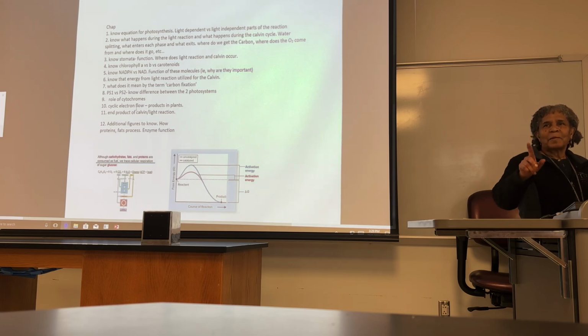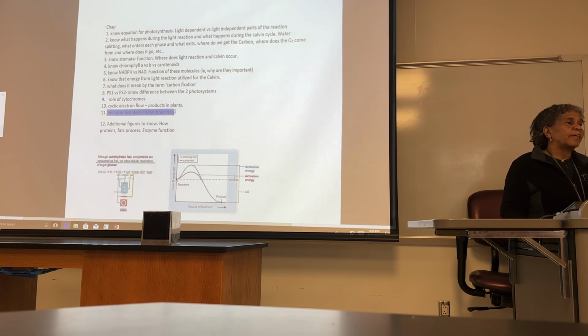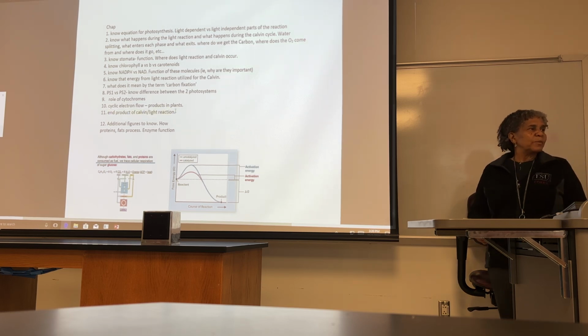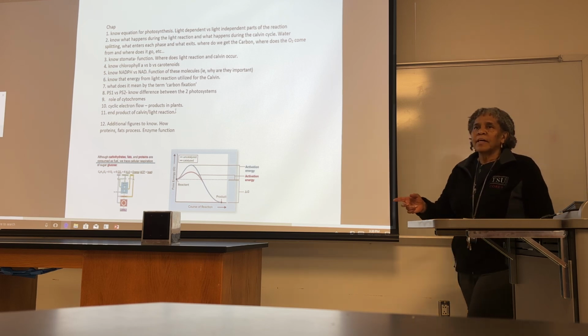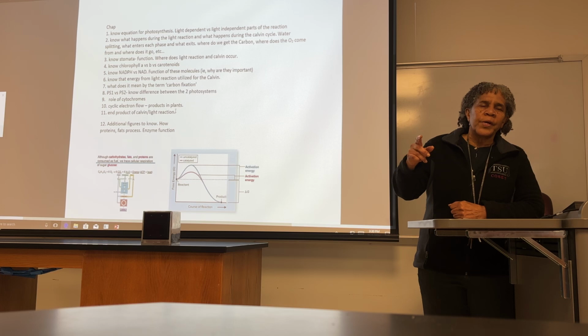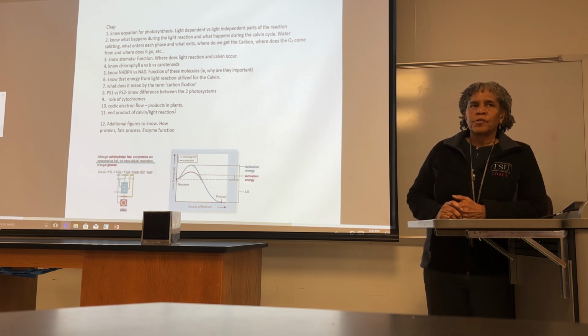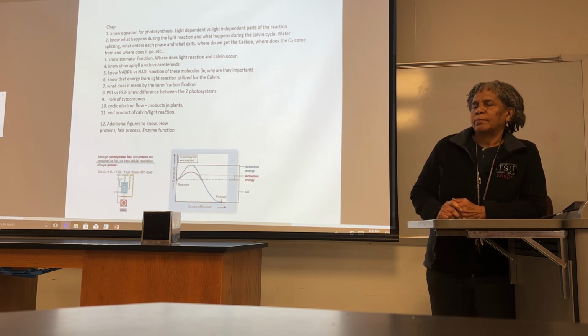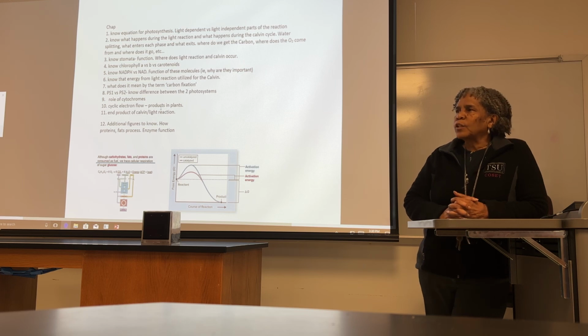Oh, the end product of the Calvin cycle. Actually, we only have two more things. The end product of the Calvin cycle is G3P, glyceraldehyde 3-phosphate. It is not glucose.